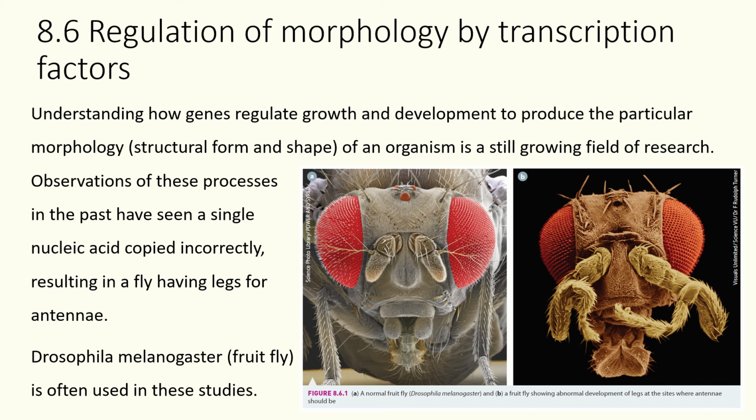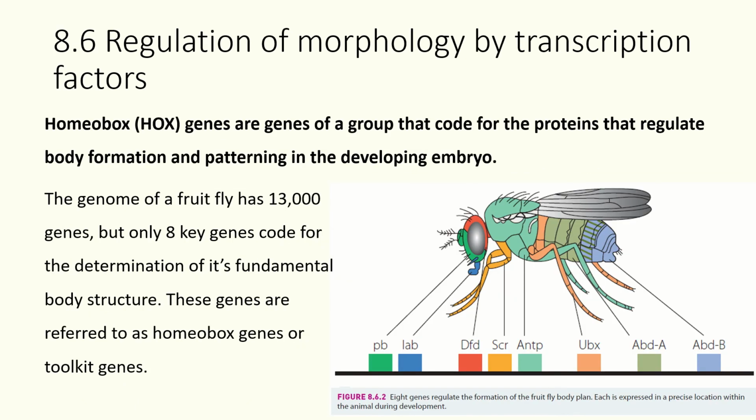So if we look in particular at one of our best friends when genetics is concerned, Drosophila melanogaster, it's often used in genetic studies because it has quite a simple and easily analyzable and easily investigated genetic code. Its genome is easy to work with.